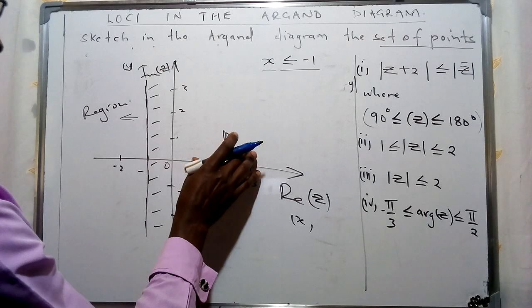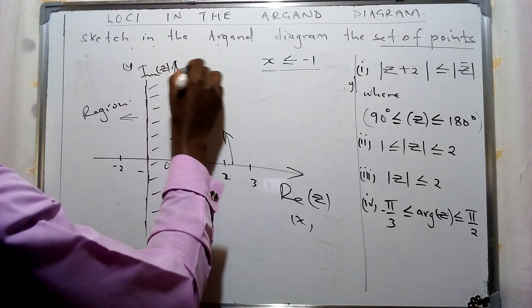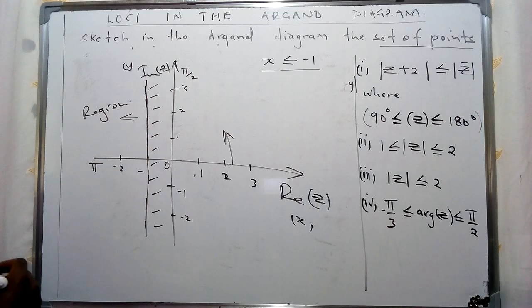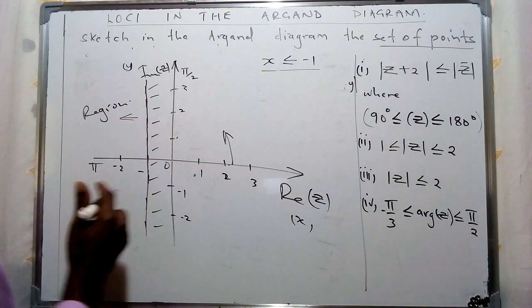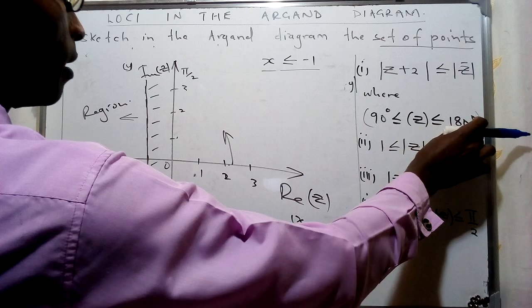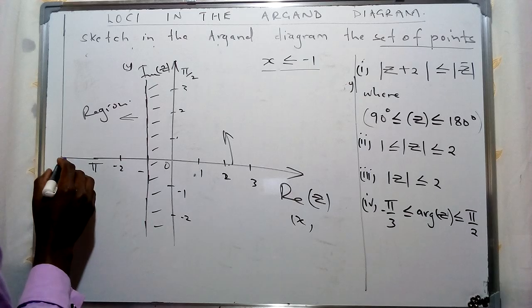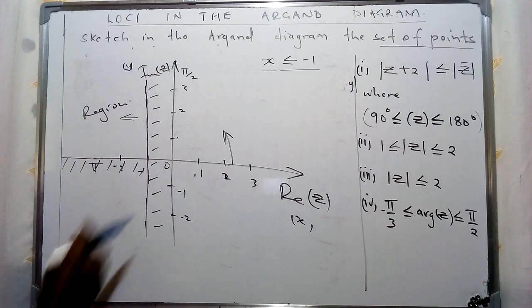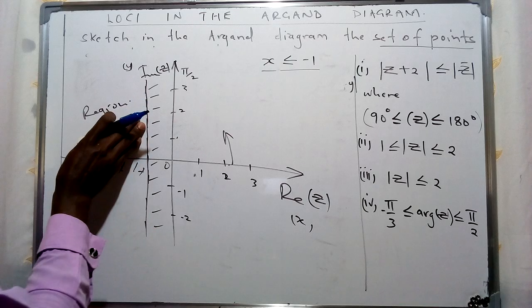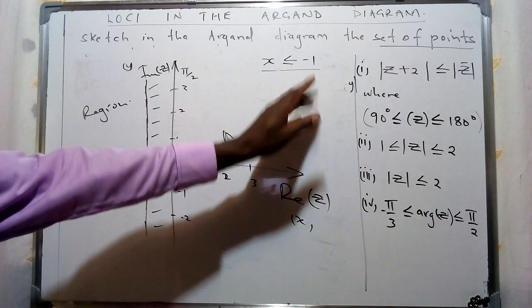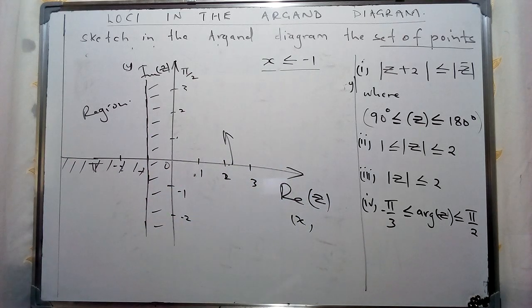This represents pi over 2 and pi at this specific point. So we consider this region, which is restricted within pi, which is 180 degrees, and this forms the region we have marked on the board.